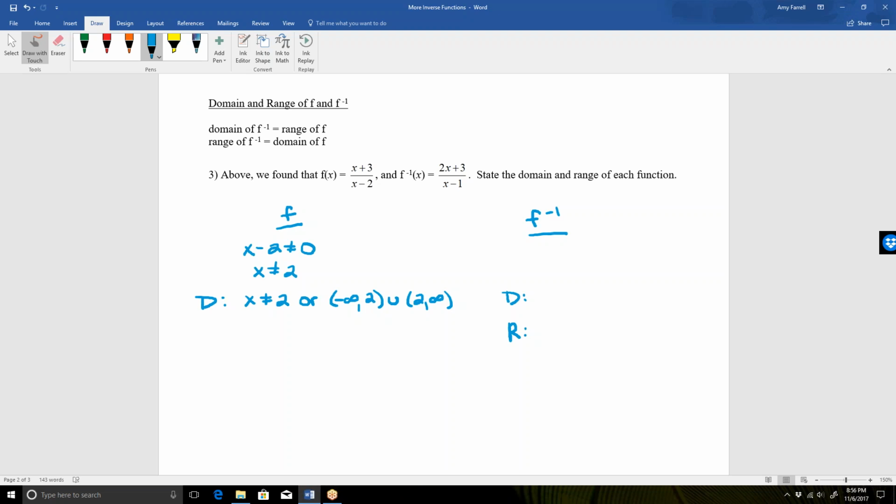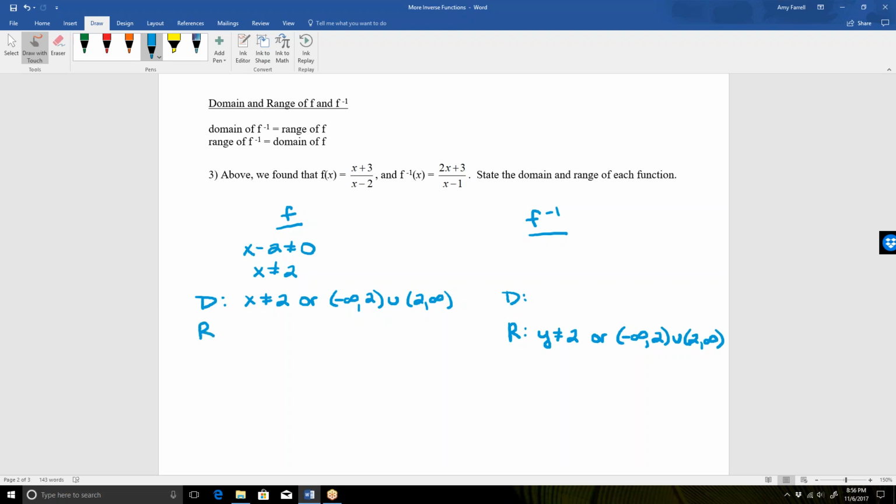So I am going to copy this domain that we found, but I am going to use the y variable. So y cannot be 2, or we can write it in interval notation like this. And I'm going to show you when I get done why we have that y cannot be 2 for the inverse function. I'll actually plug it in and show you why.